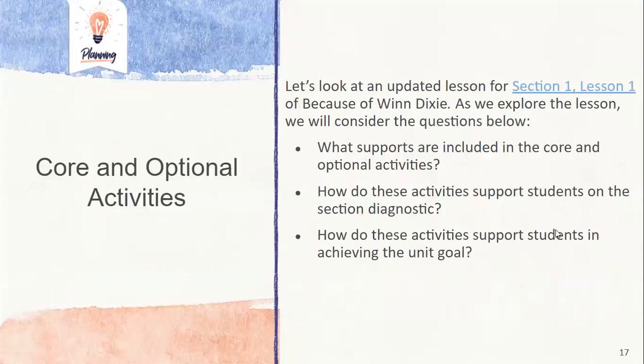So let's explore an updated lesson for section 1, lesson 1 in Because of Winn-Dixie. We're going to add a link in the chat for the Louisiana Curriculum Hub. And this is going to be section 1, lesson 1 in Because of Winn-Dixie.